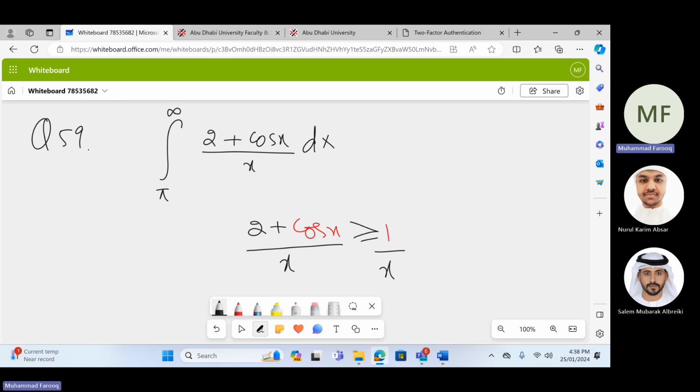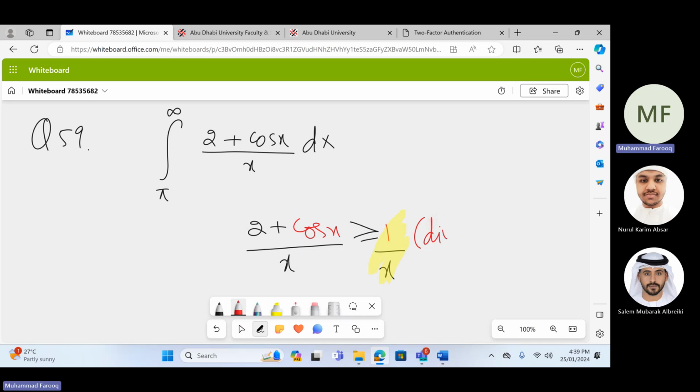Now you can see. Can you decide something about this function? It is a p-series. And what decision about that? Divergence. Very good, this is divergence.